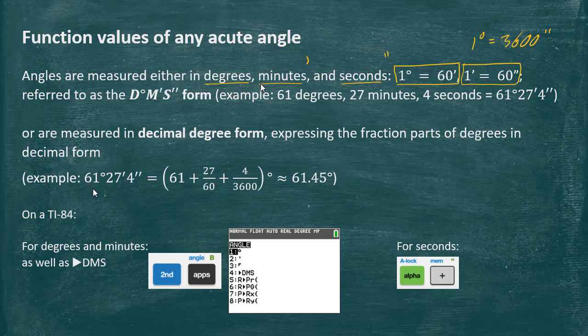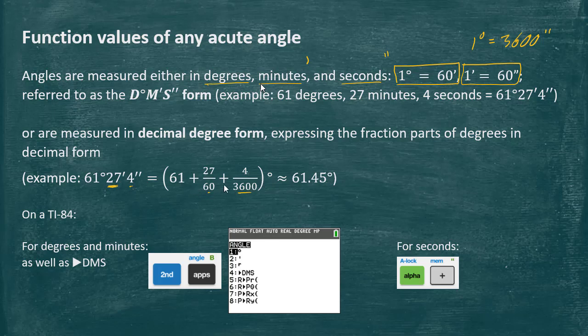So for this first version here, if I had 61 degrees, 27 minutes, and 4 seconds, I would take my minutes part and put it over 60, and then take my seconds part and put it over 3,600, because ultimately what I'm trying to do is turn everything into some version of a degree. Each one of them will come back as decimals of a degree.